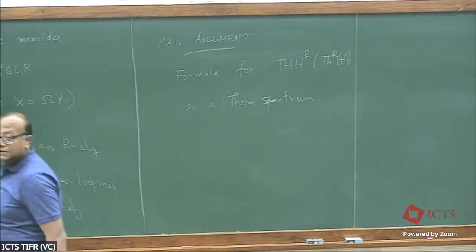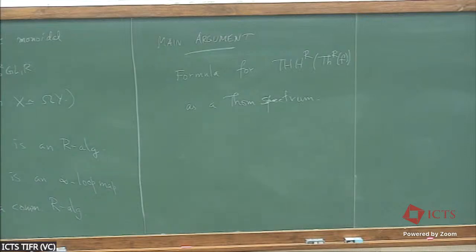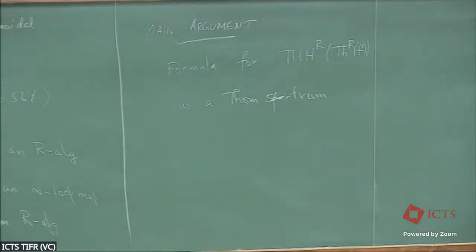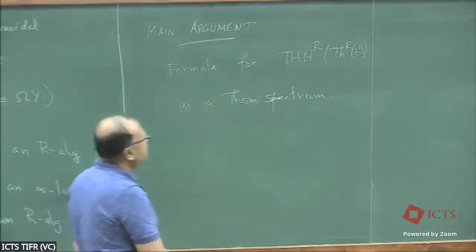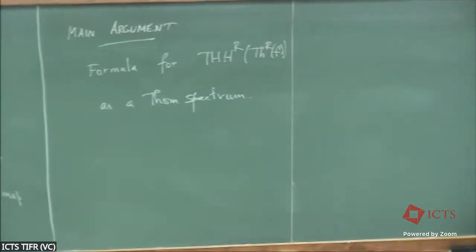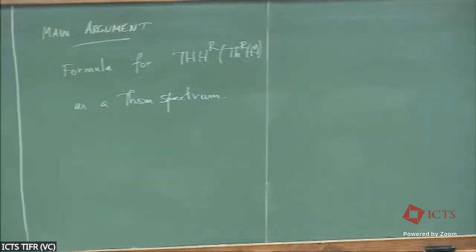And then you can use this formula to try and calculate and get an answer. So this is what the main argument is. So let's see how one can arrive at such a formula.